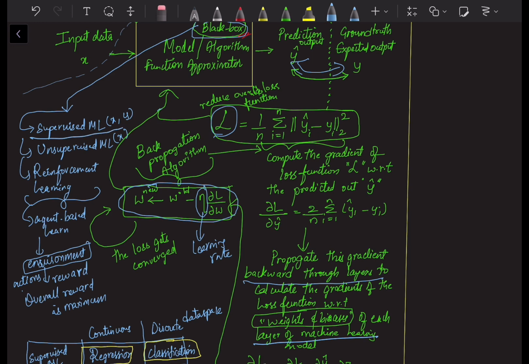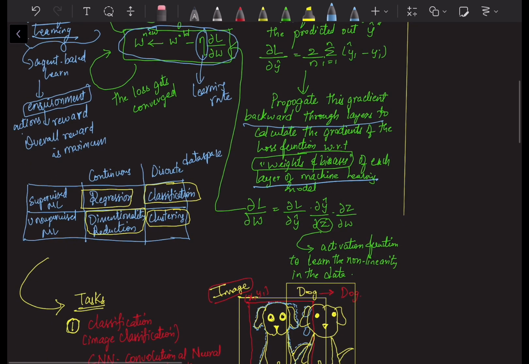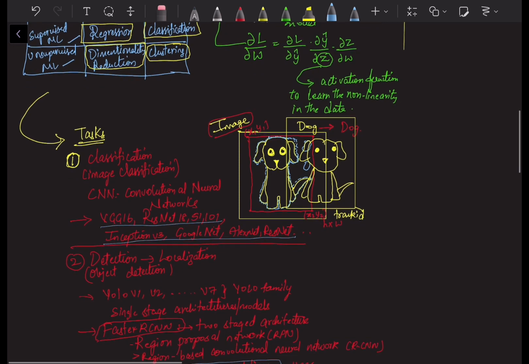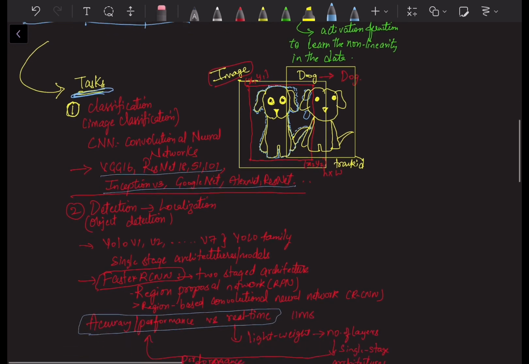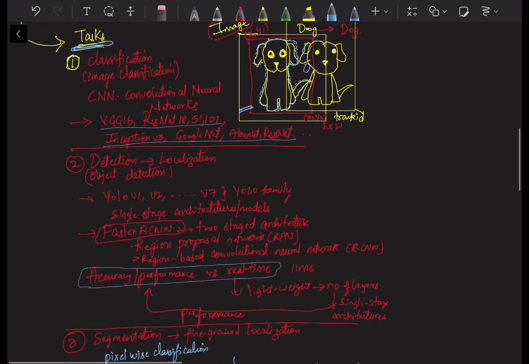Then we discussed the black box part, what all models it can have, basically depending upon the type of machine learning: supervised, unsupervised, and reinforcement learning. Then we discussed the different types of tasks involved in supervised and unsupervised machine learning with respect to the continuous and discrete data space. Then we discussed in detail, based on the task, what all models are possible, starting with image classification, where we took an image of a dog and explained the task and the corresponding models involved in it.